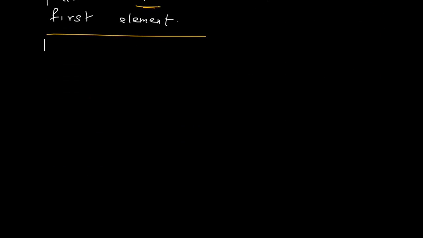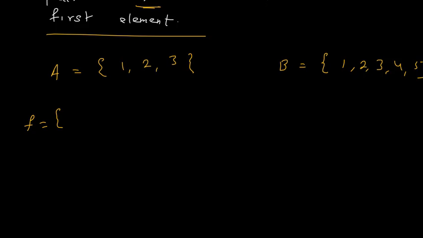So if I define two sets, say set A as 1, 2, 3 and set B as 1, 2, 3, 4, 5, something like this, then we can define one function as (1, 1), (2, 3) and (3, 5), something like that.